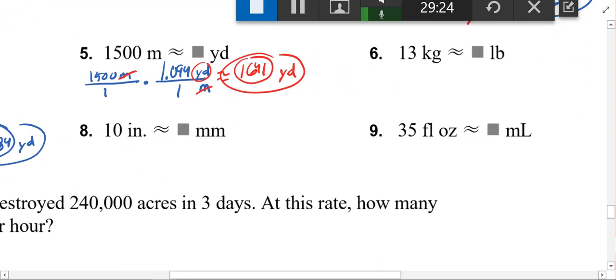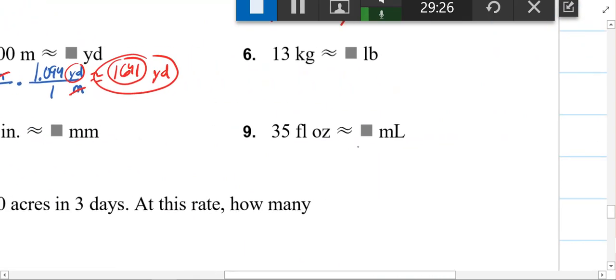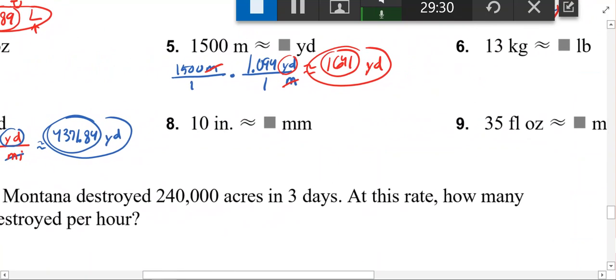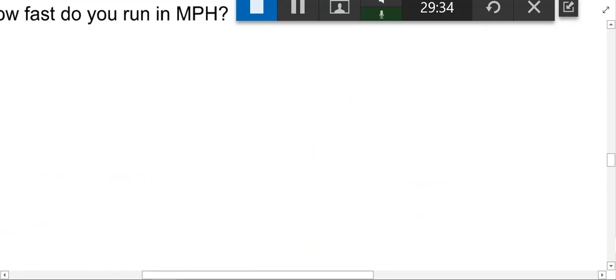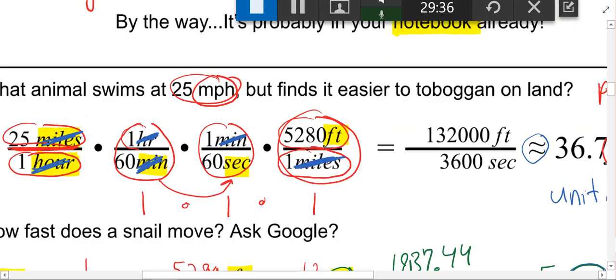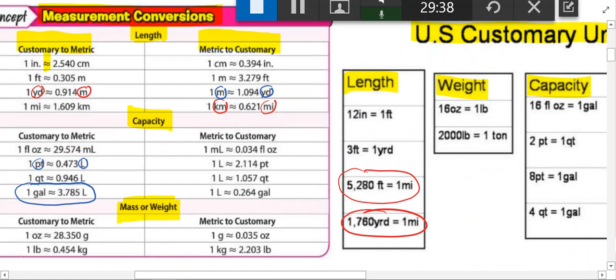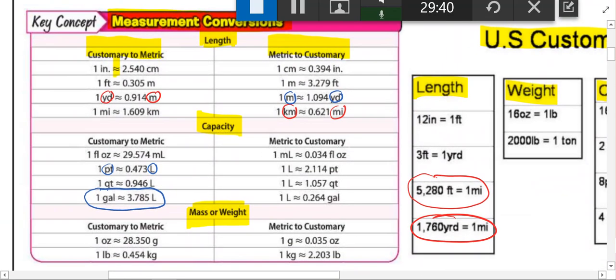And finally, number 9, we're going to go from fluid ounces to milliliters. Let's see if we get lucky and we can do a 1-step here. Ounces to milliliters. Capacity, ounces to milliliters.